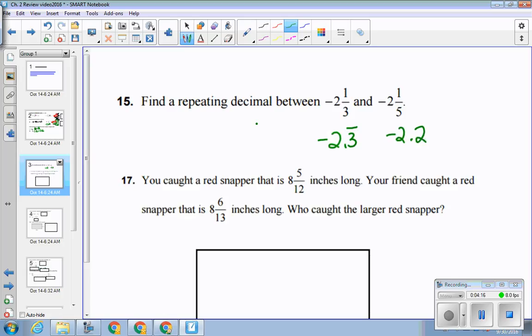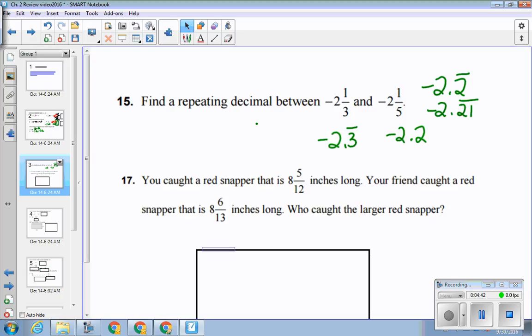So anything in between 0.2 and 0.33, say, and if it's repeating, would work. So an example of this would be -2.2 repeating, or -2.21 repeating, or -2.22, or so on. There's so many different answers in between.